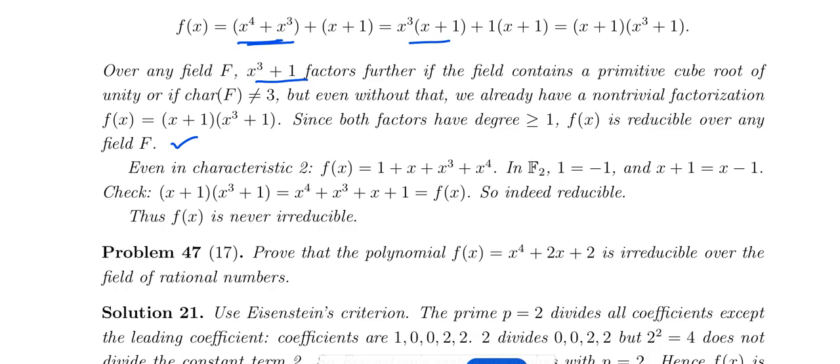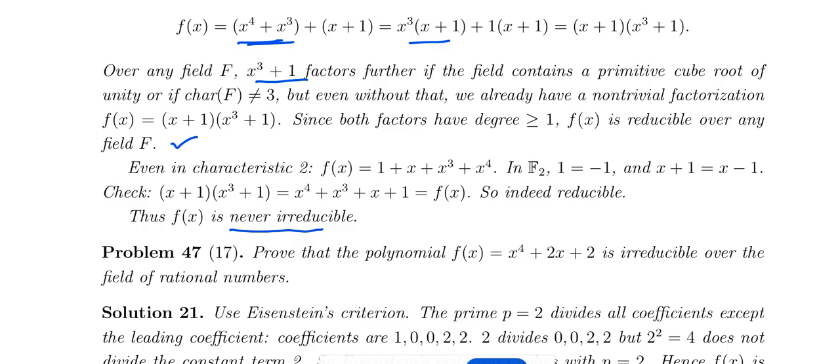In field F2, 1 equals minus 1 and x plus 1 equals x minus 1. Therefore x plus 1 divides f of x, so it is reducible. So f of x is never irreducible in any field.